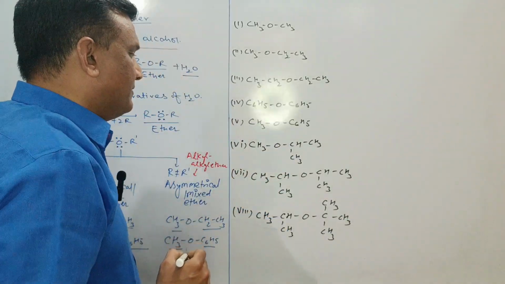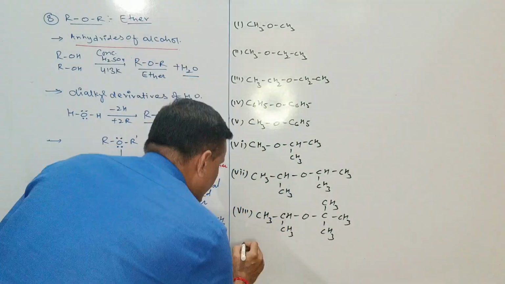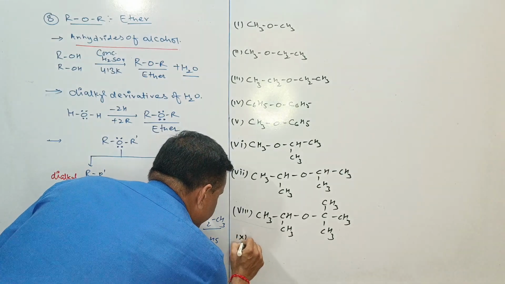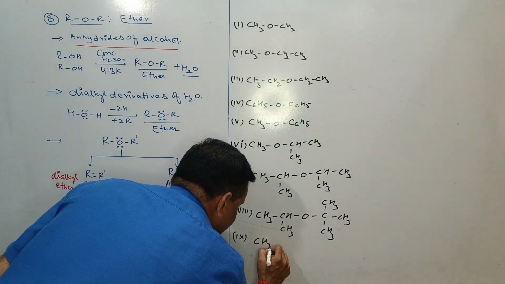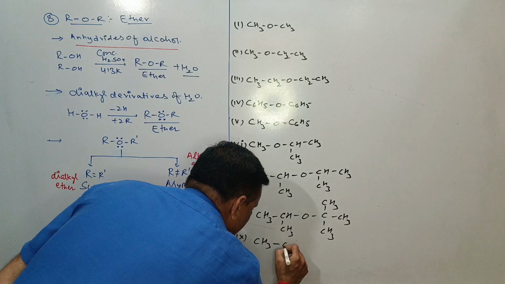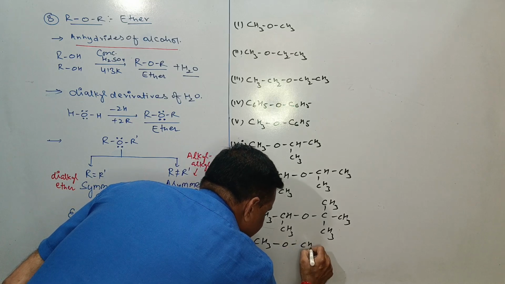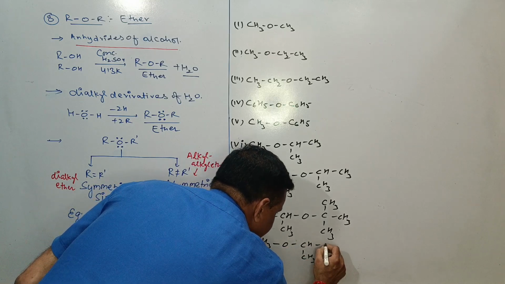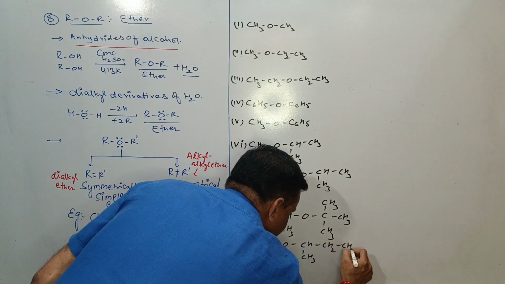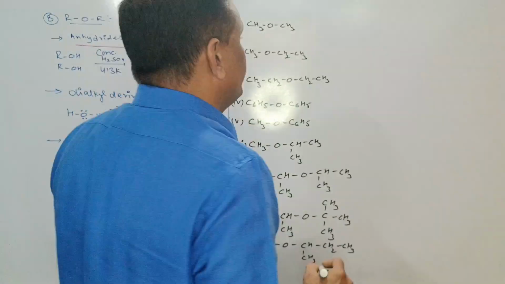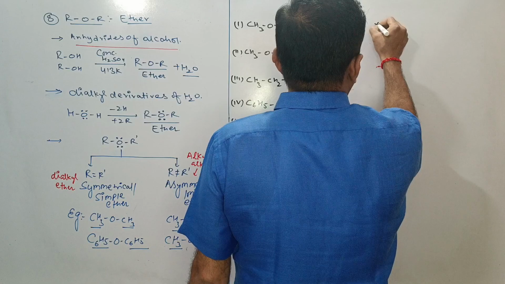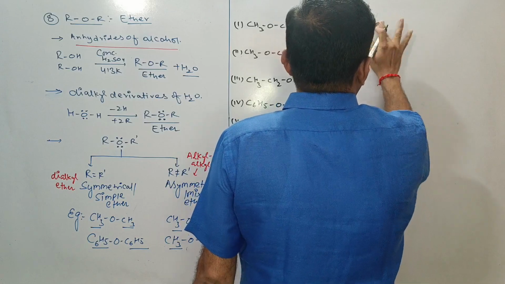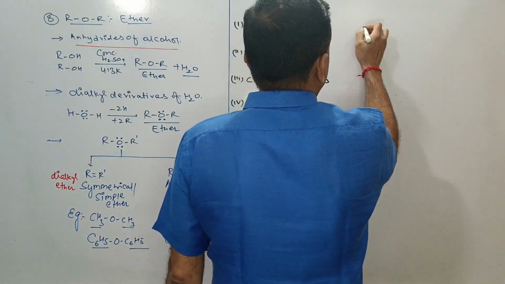This is the 8th compound. If I go with the 9th compound, then we can take over here CH3, O, CH3, CH2 and CH3. This is the 9th compound. Now the 10th compound we can take over here. This is the 10th compound.